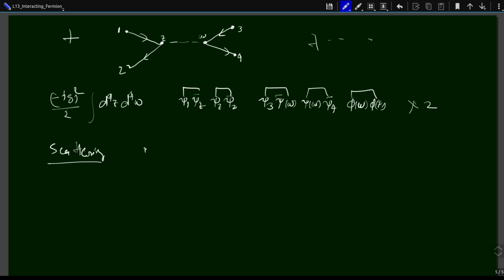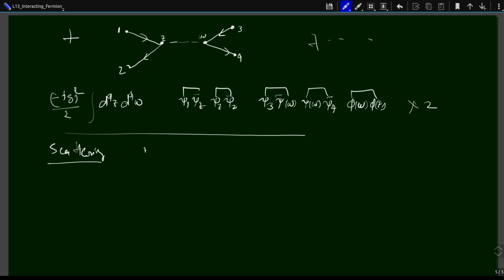Starting from, so I have say 2 fermions going to 2 fermions. That is the scattering that I'm doing, let's just say. Let me just draw a line over here and let's talk about the scattering.